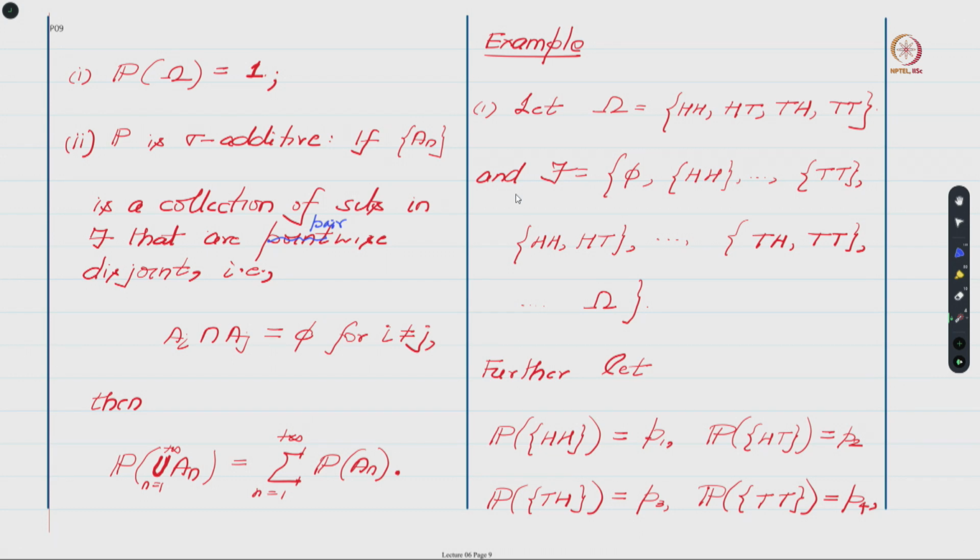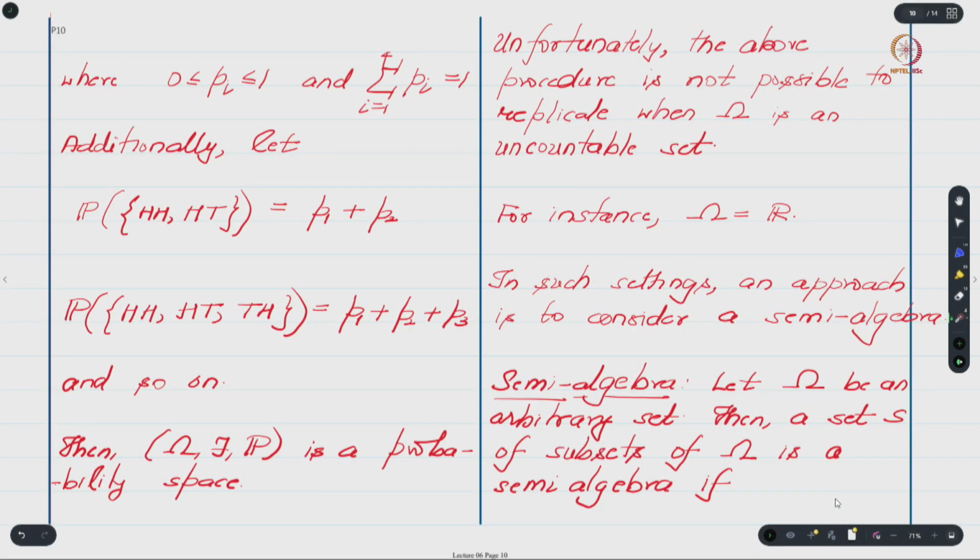So I assign the singleton set HH some value P1, the singleton set HT the value P2, the singleton set TH the value P3, and the singleton set TT the value P4, and I ensure that all these Pi's are between 0 and 1 and they add up to 1. In addition, whenever I have a set consisting of two elements, let us say HH and HT, I assign the value P1 plus P2. If it consists of three elements, I assign the value P1 plus P2 plus P3, and so on.